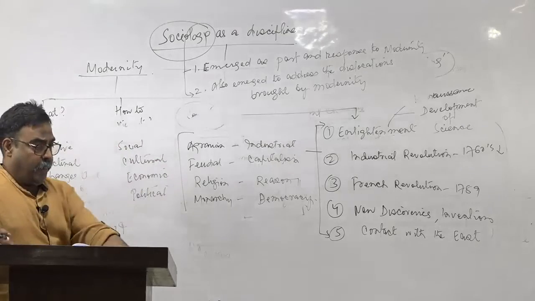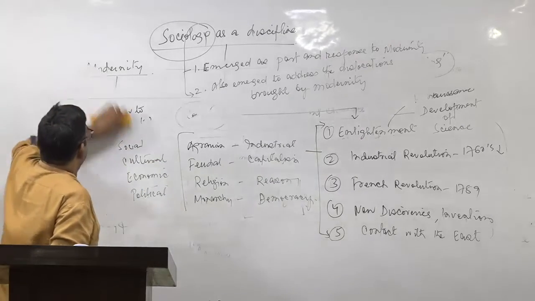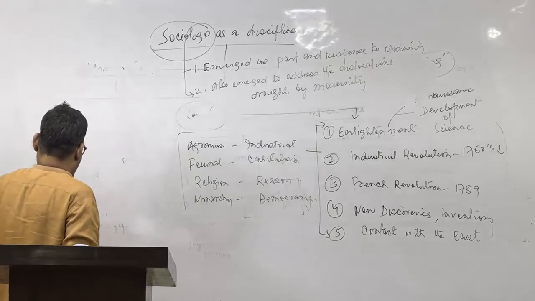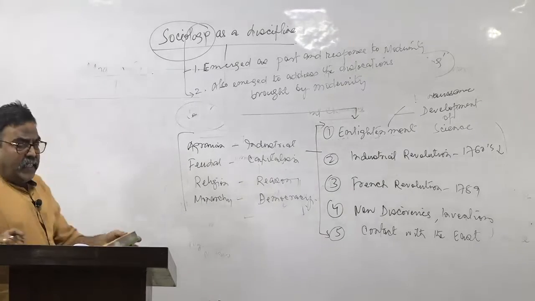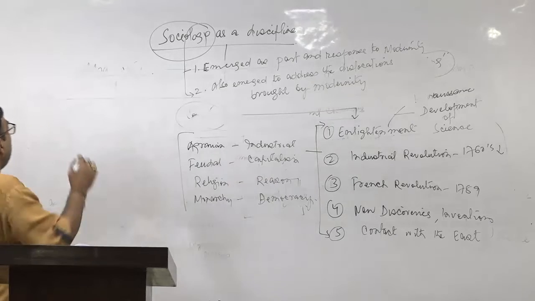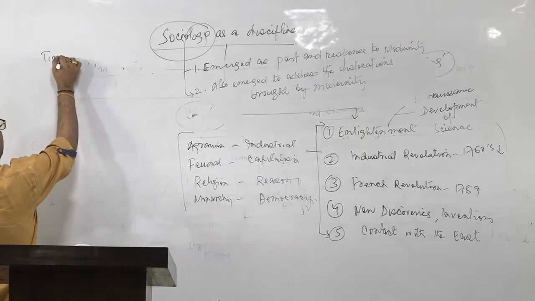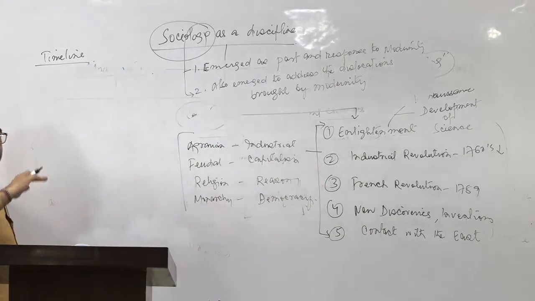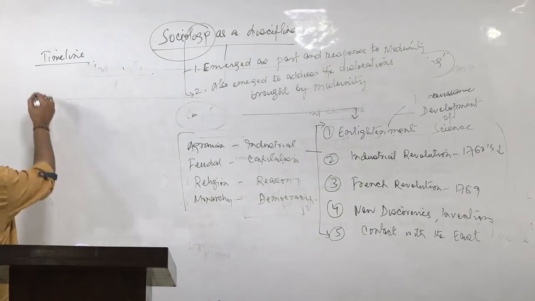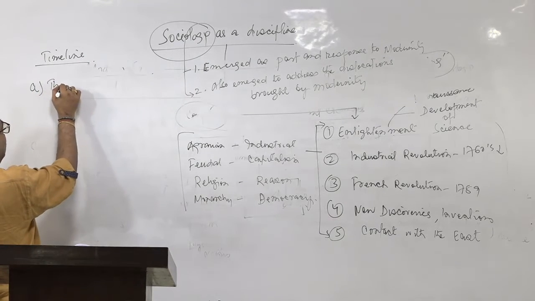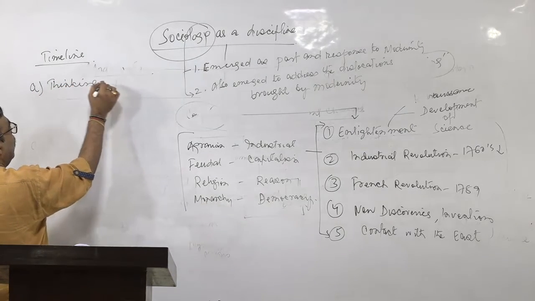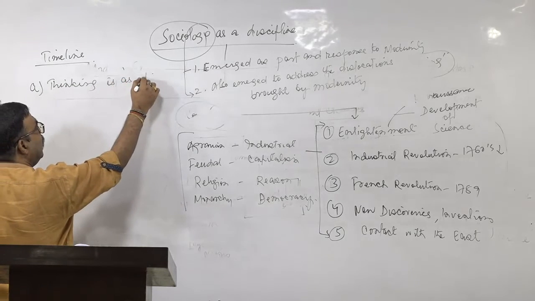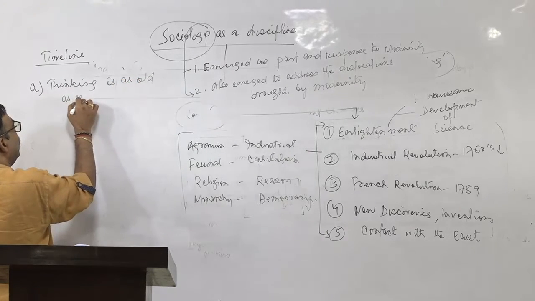Basically, if I make one diagram here, and look at the timeline, the same components I am looking at in a different manner, I am giving you the different manner so that you can reach the other questions as well. Can I say that thinking is as old as mankind?